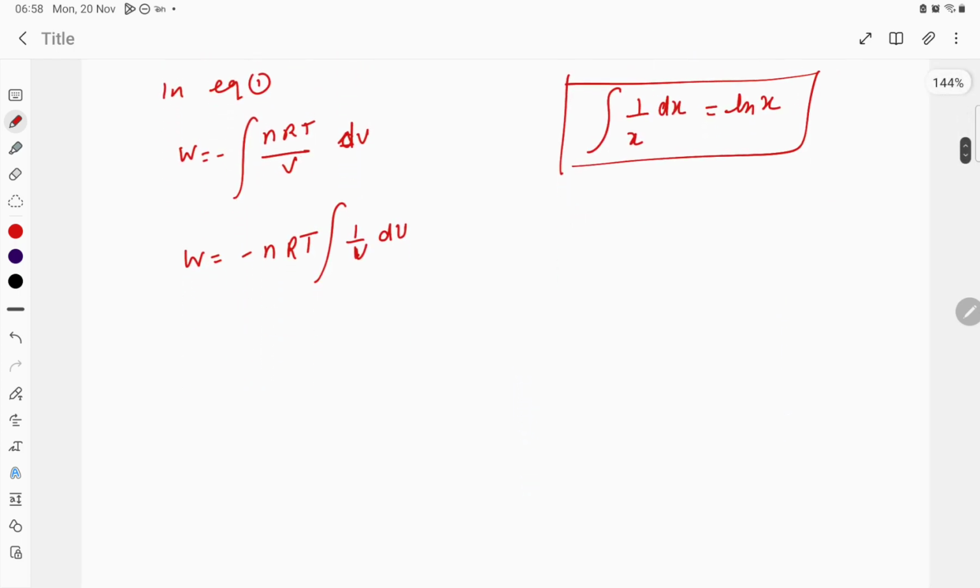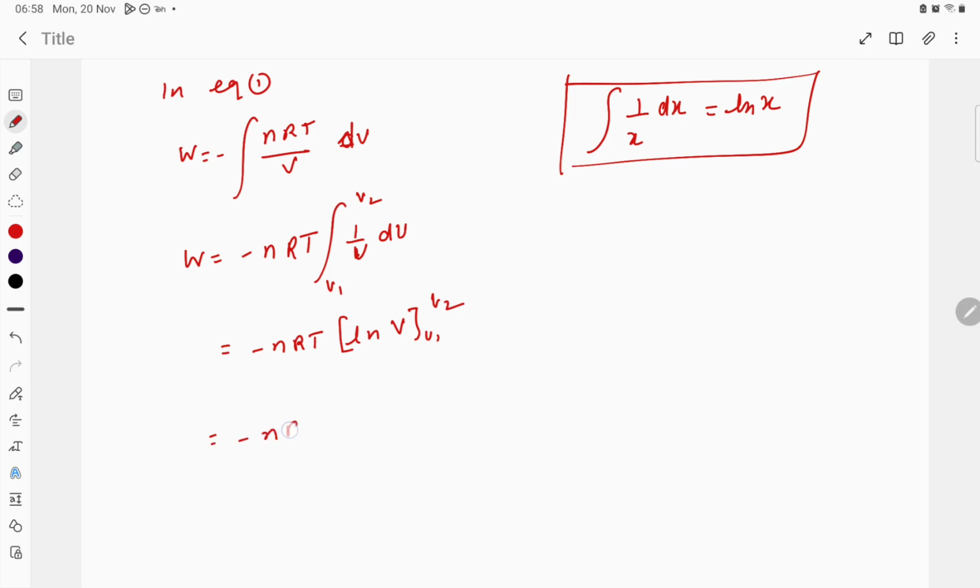So what we are going to do, student, this is the lower limit and this is the upper limit. So here is the nRT and ln V, which means between V1 and V2.